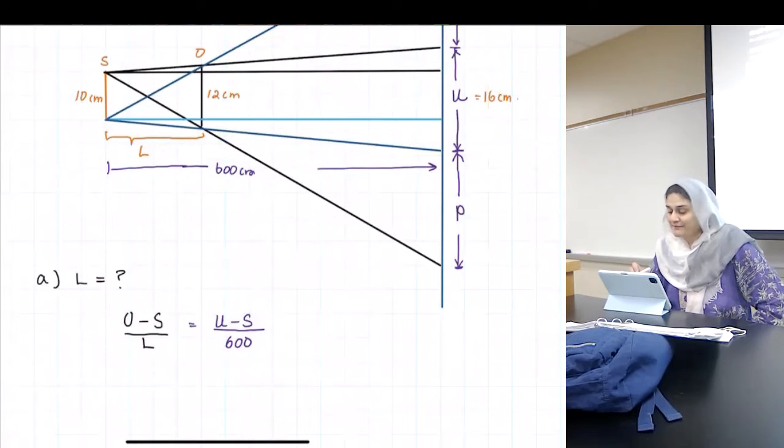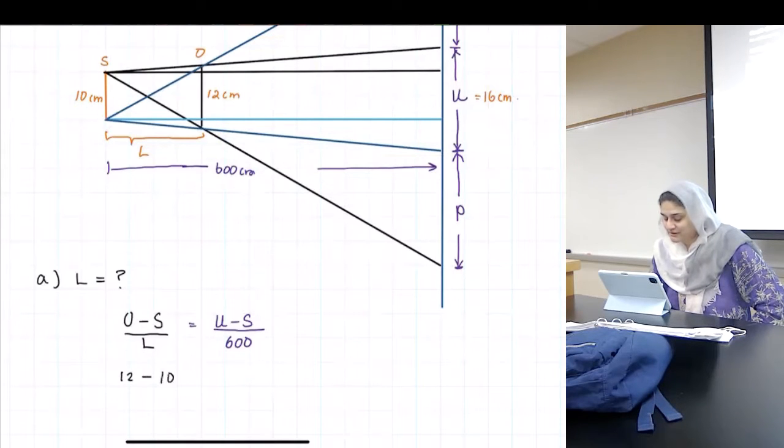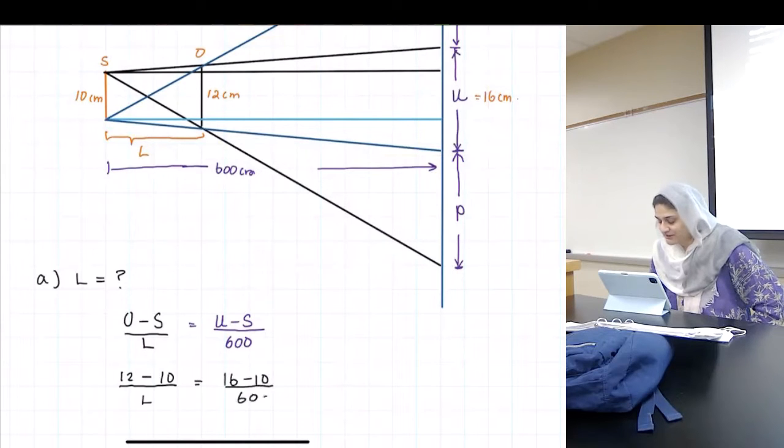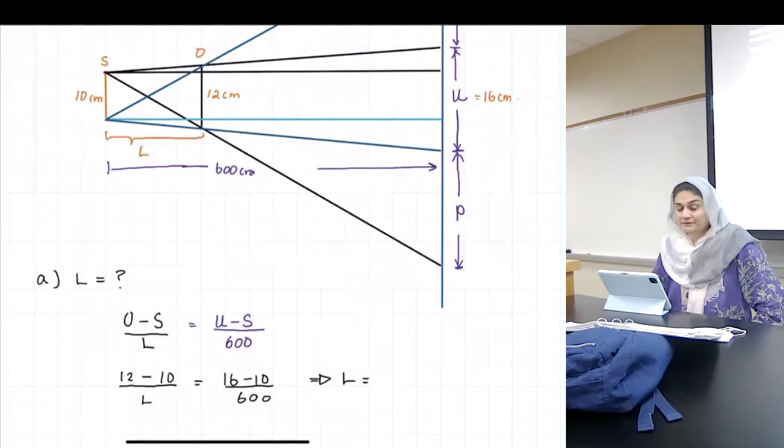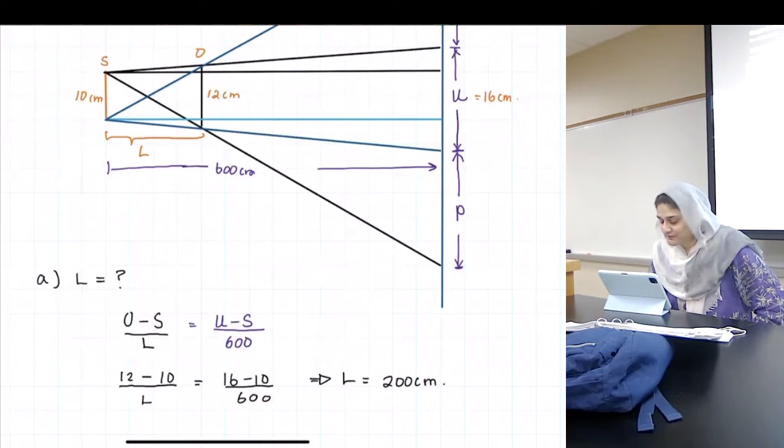So I have the height of the object, 12, minus source, 10, divided by L, equals the umbra, 16, minus 10, divided by 600. Can I calculate L? 200 centimeters? Yes. Good. So this will now be given as 200 centimeters.